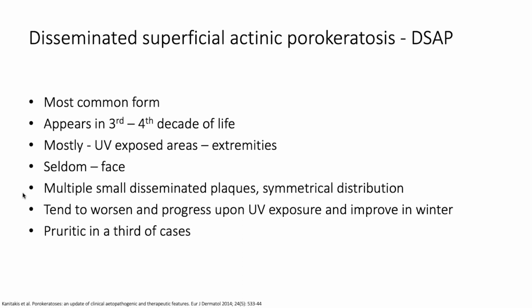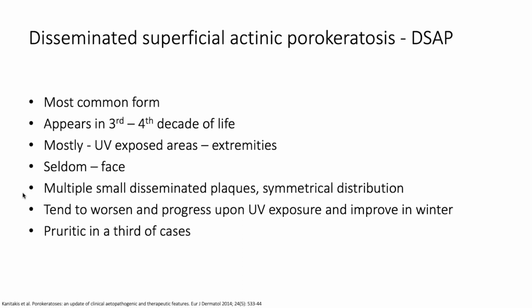It can seldom affect the face or the back, and it consists of multiple small disseminated plaques with symmetrical distribution, meaning both arms or both legs. It tends to worsen and progress upon UV exposure, be it natural light in summer or narrowband or PUVA for treatment of other skin diseases, and it tends to improve in winter.